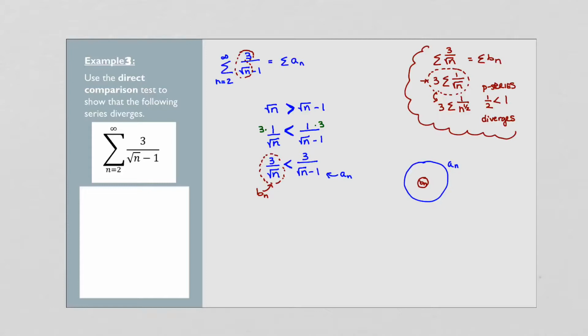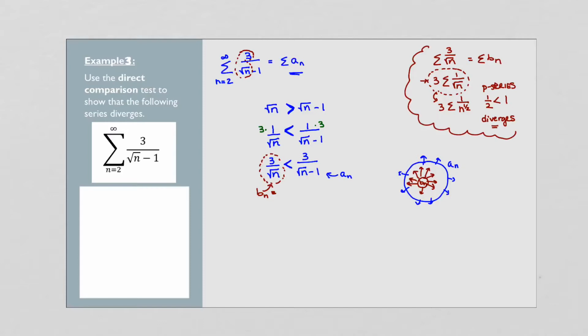And if b sub n diverges, because it is a p-series that diverges, it's going to explode, diverge to infinity, and grow infinitely large. And as it does, it takes a sub n with it, and a sub n is also forced to diverge. So it looks to me like our original series a sub n is a diverging series by the direct comparison test.